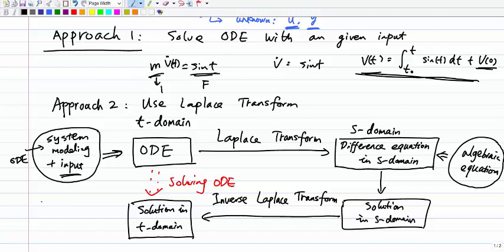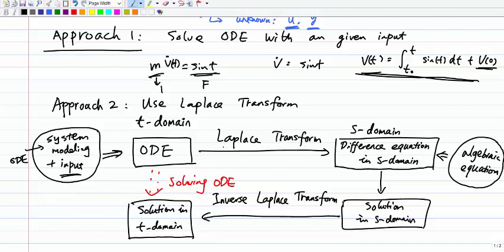For example, if I have v double dot t plus 2 v dot t plus v plus 2t, which is equal to, let's say the input now is t squared, whatever it is. This one is very hard to solve, not easy.